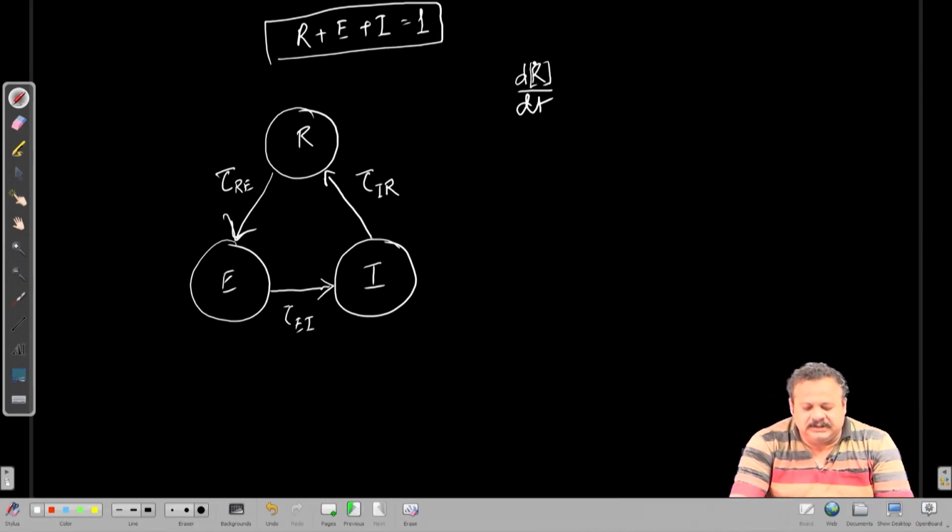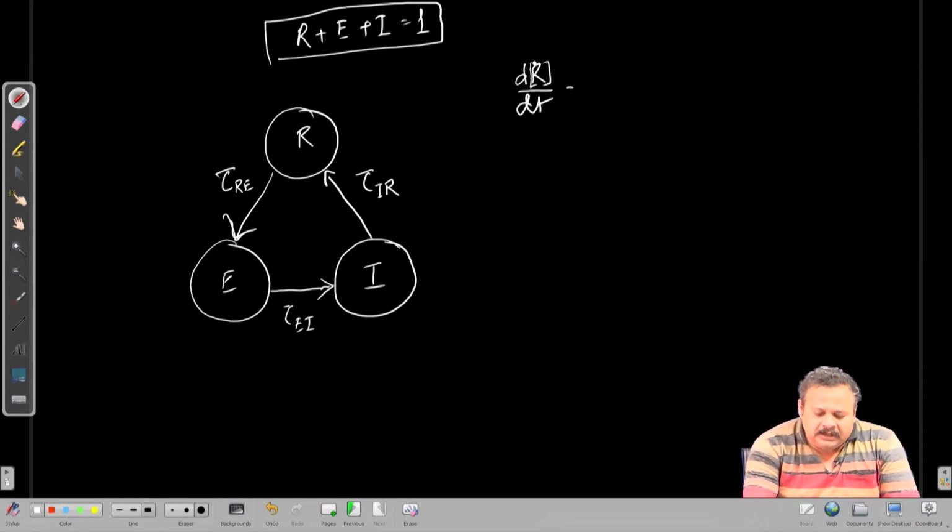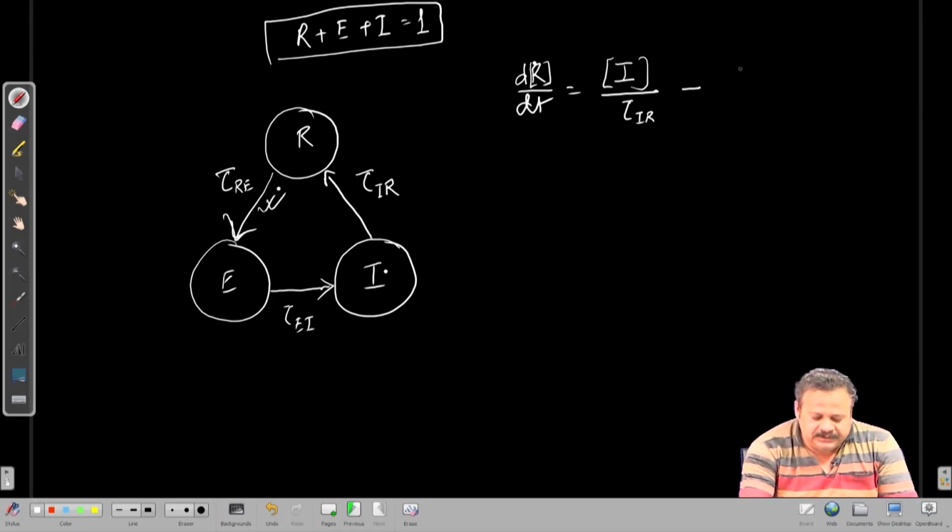So, this is dR/dt. From I to R, the process is driven by the concentration of I and the time constant tau I R, and R is reducing due to the flow from R to E, which is driven by the concentration of R and the time constant tau R E.